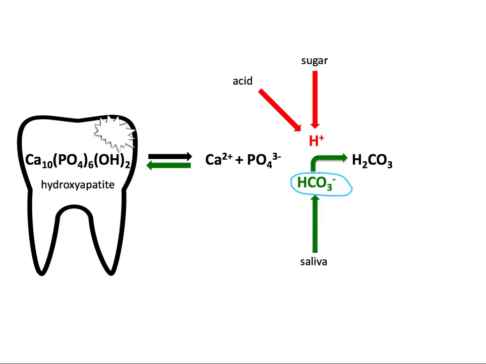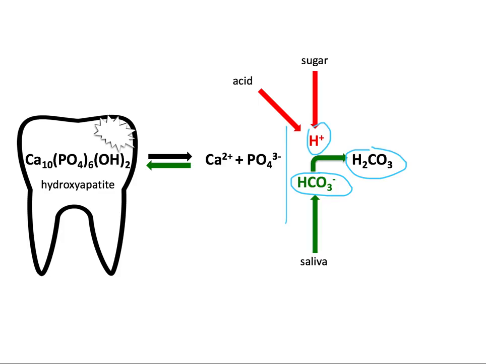Essentially, it acts as a distractor and complexes with the extra hydrogen ions to form carbonic acid. Now, this means that the rest of the equilibrium here is untouched. It's now disconnected from what's happening over here because of this handy buffer.